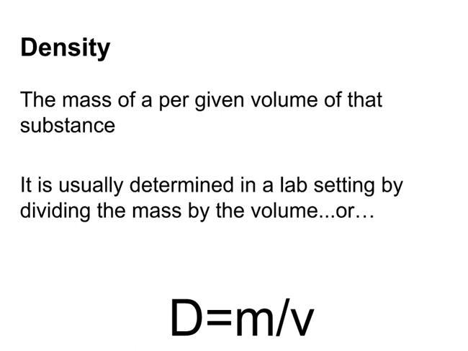For example, a very important liquid that we're going to be dealing with in class is water. Water has a density of 1 gram per milliliter, meaning that every milliliter of water is also 1 gram of water.